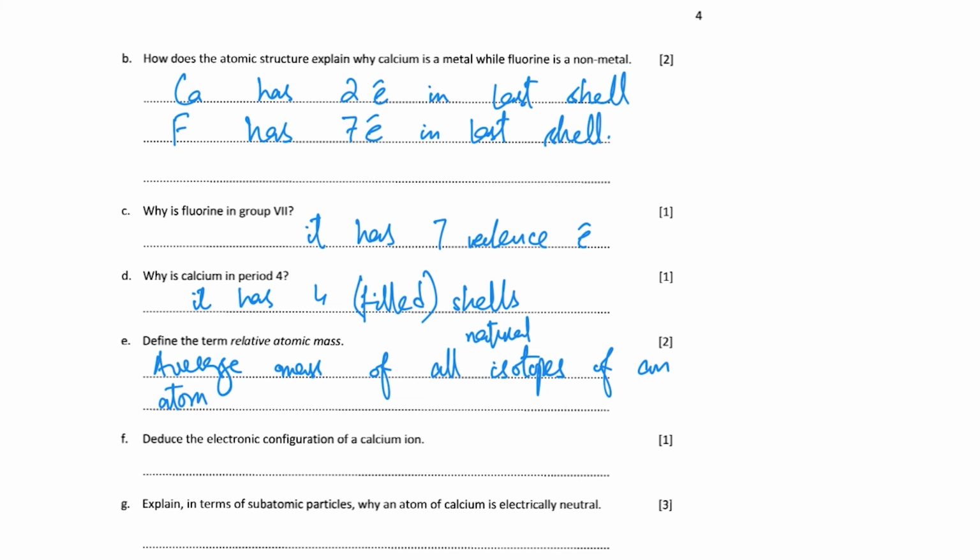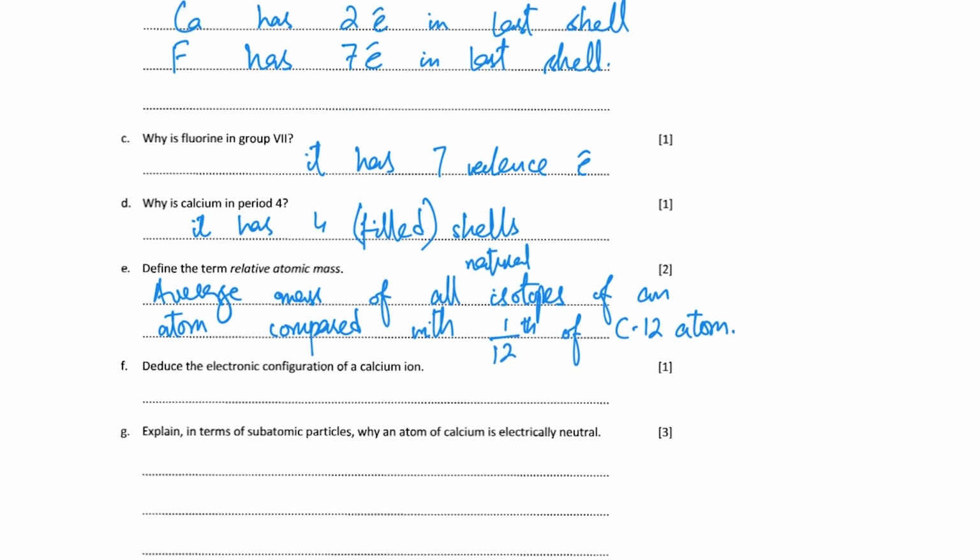So that is 1 mark so far, compared with, obviously whenever you want to assign a number, you can compare it with a unit. And what is our unit in chemistry? It is 1/12 of carbon 12 atom. Now the interesting bit is that carbon 12 will have the mass of 12 and 1/12 of that is 1.